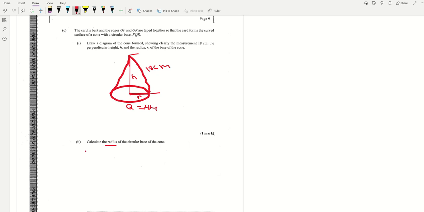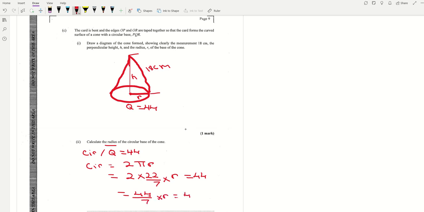So we know that my circumference, Q, is equal to 44. We know the circumference of a circle is 2πr, which is 2 multiplied by 22 over 7 multiplied by r equals 44. This is 44 over 7 multiplied by r equals 44.